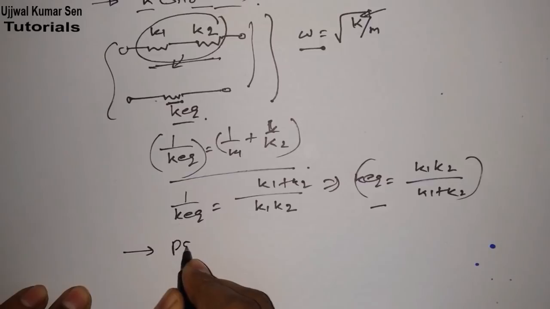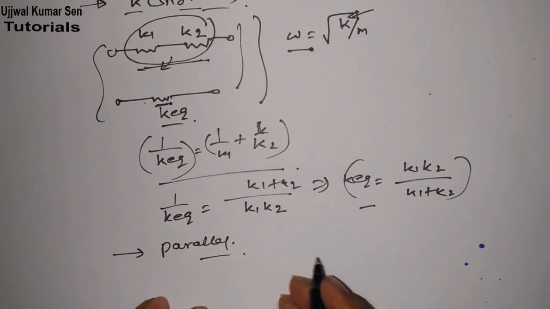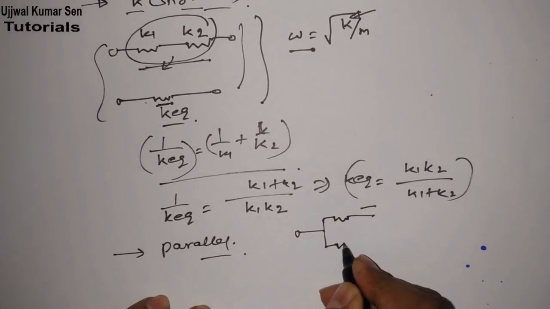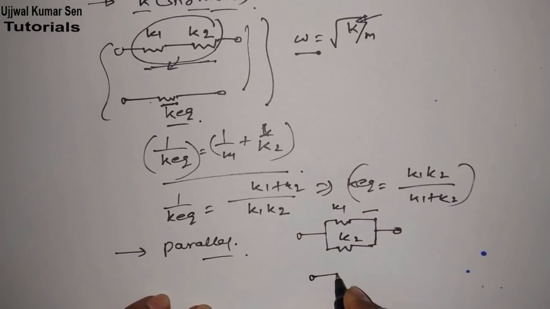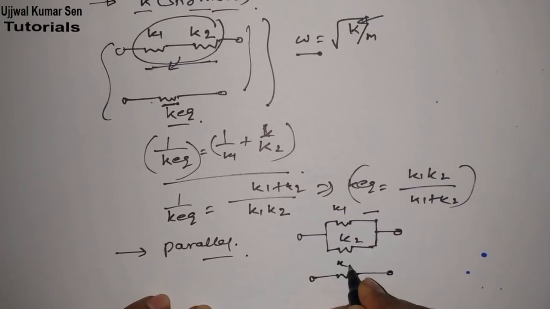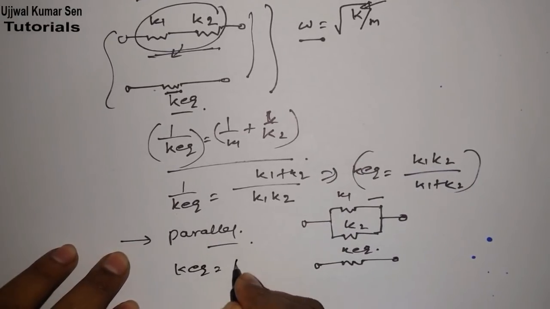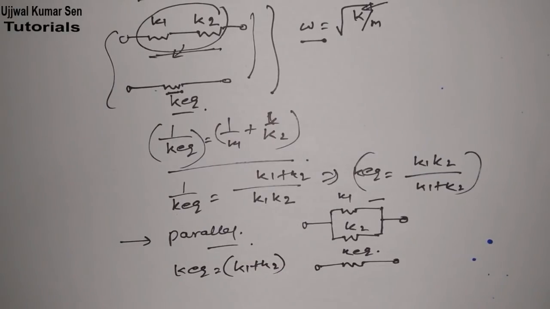But if the stiffnesses are in parallel, K1 and K2, then what would be the K equivalent, the total K? In this case, just add the stiffnesses: K equivalent is equal to K1 plus K2.